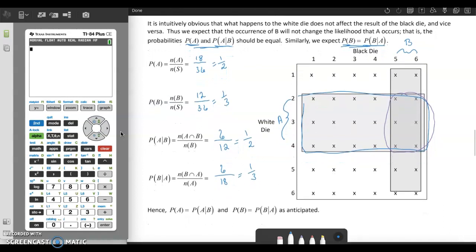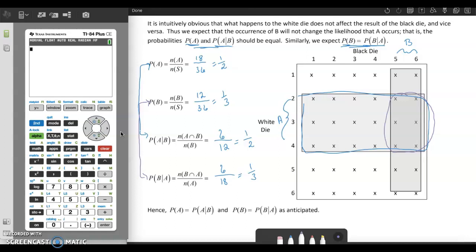So what we've done is just sort of visually, and by doing a particular example, shown that if in fact your events are independent, which rolling 2 die, they don't affect each other, that's independent, then you can see that the probability of A is still equal to the probability of A given B. So whatever happened on B, we just showed that it does not affect at all what happens on A. And the same thing, the probability of B is equal to the probability of B given A, because being given the information of what happened on the white die doesn't affect what I think is going to happen on the black die.